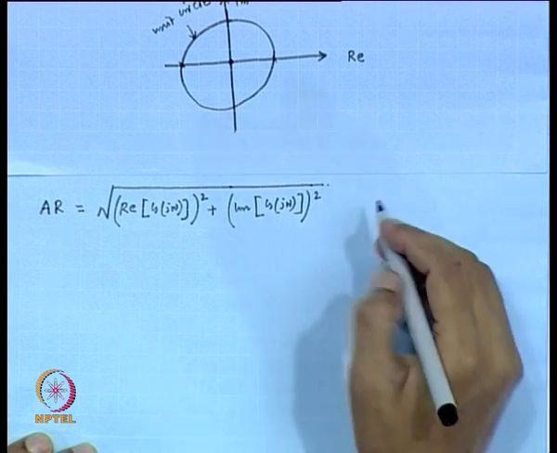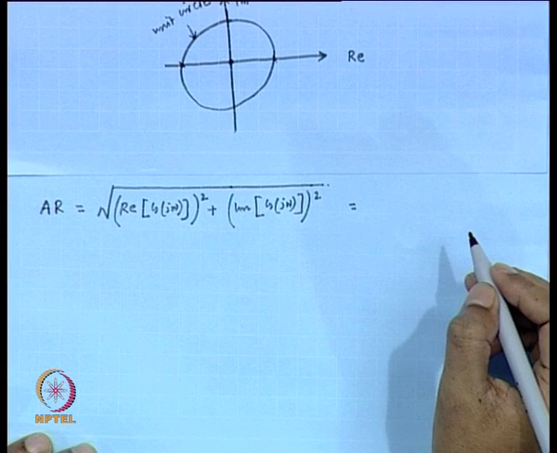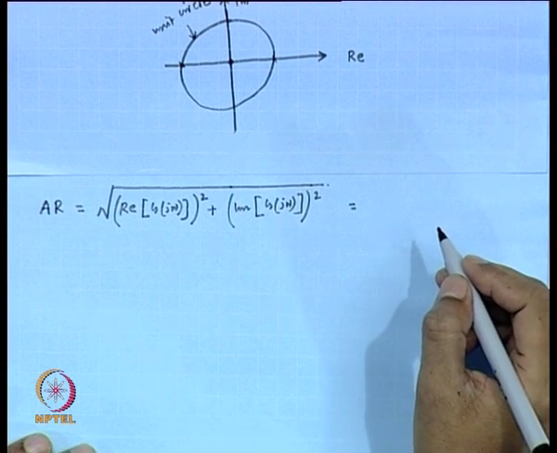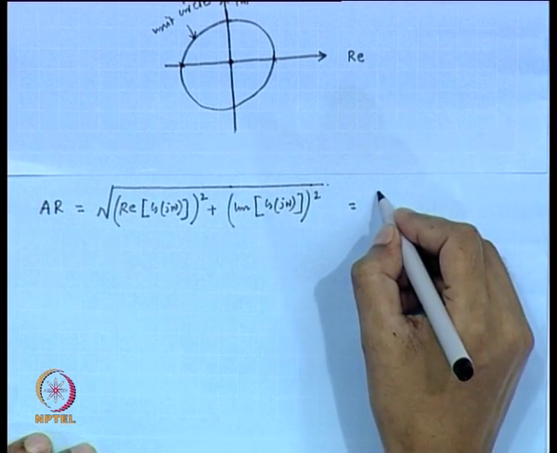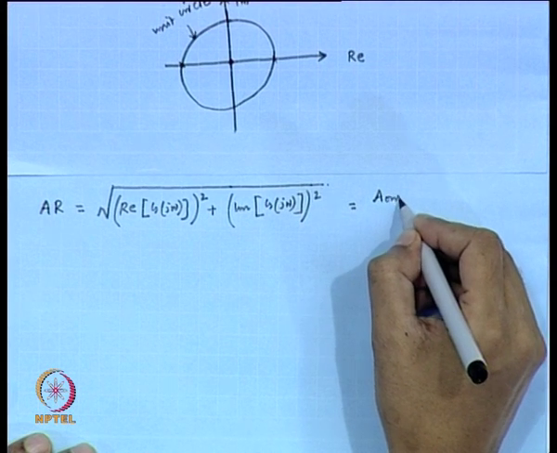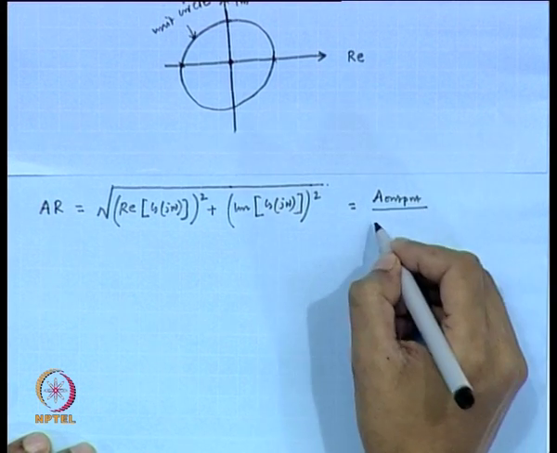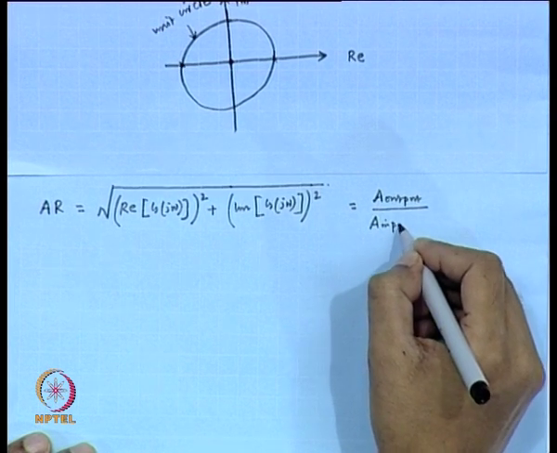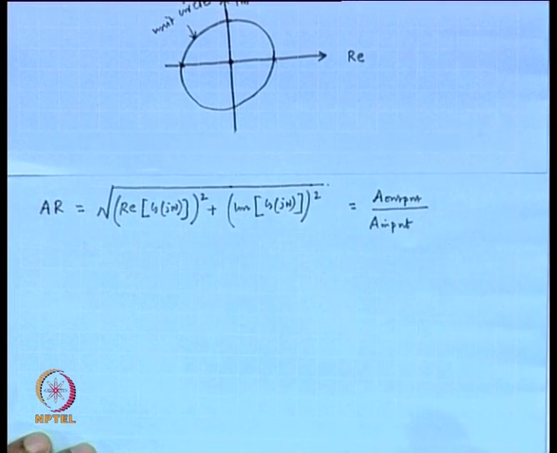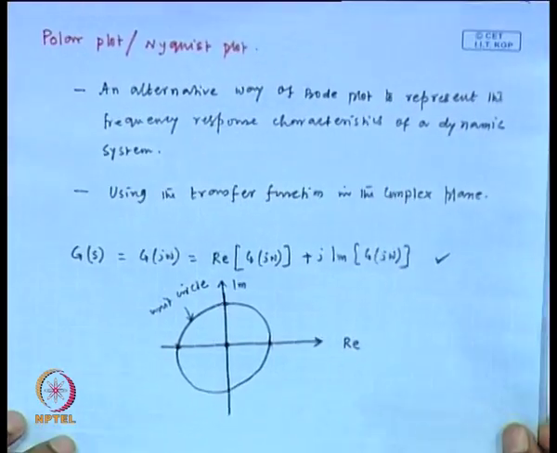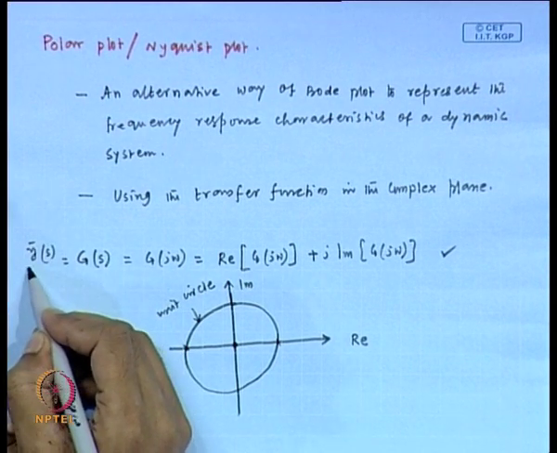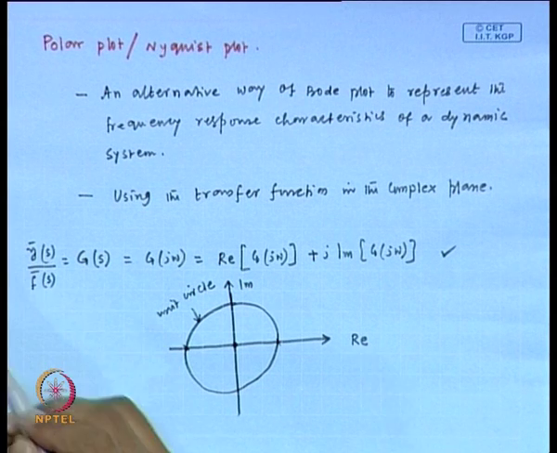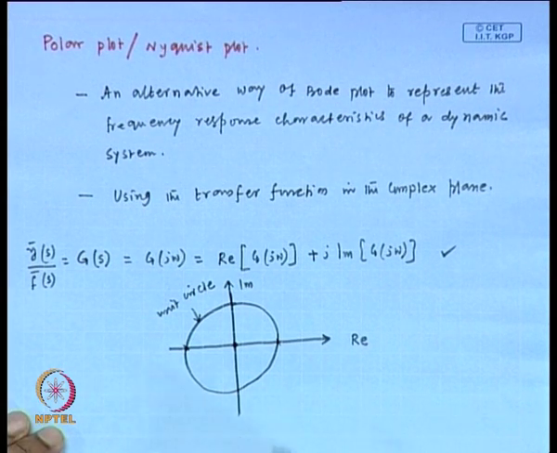Fine. Amplitude ratio we know is represented by the amplitude of the output divided by the amplitude of the input, and this transfer function G(s) is represented as output divided by input. Agree?